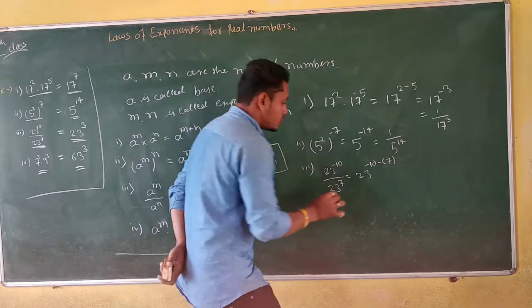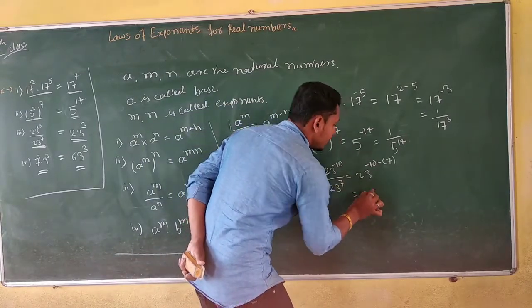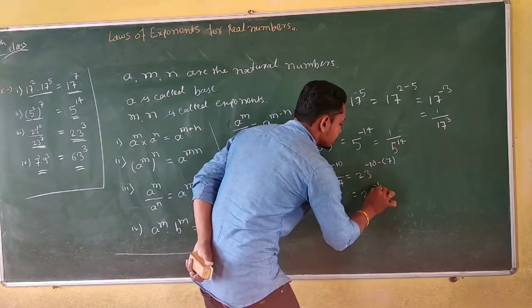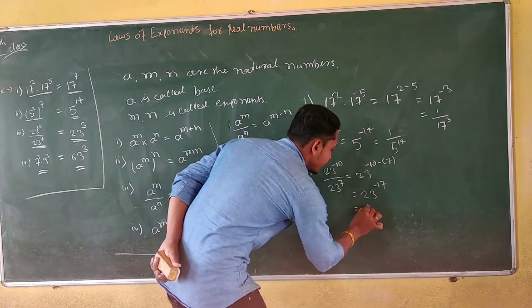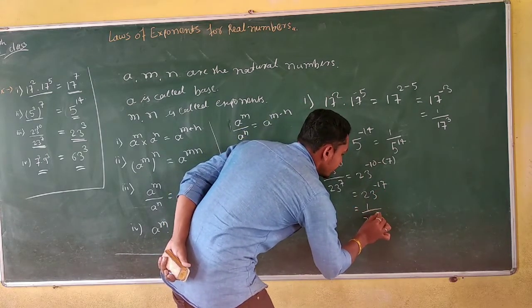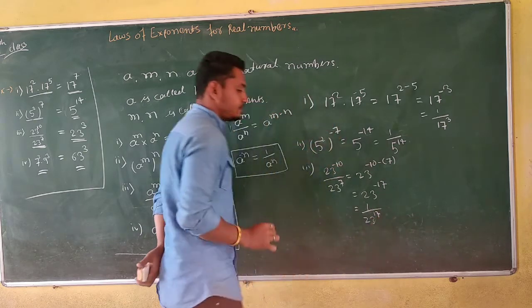Is it right? So it is equal to 23 to the minus 17. It can be written as 1 divided by 23 to the 17.